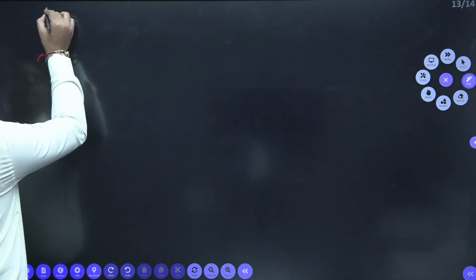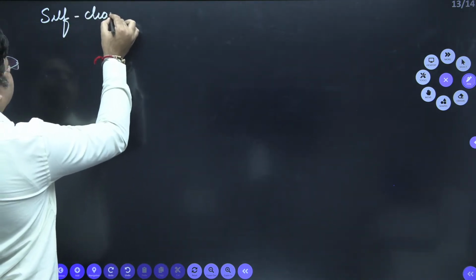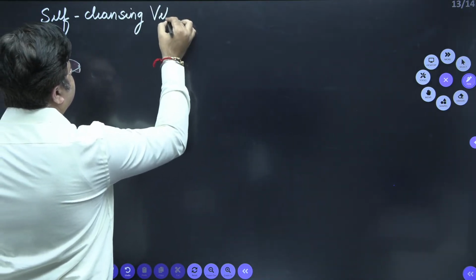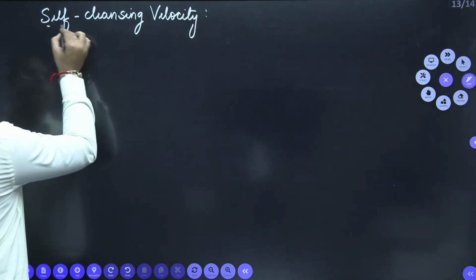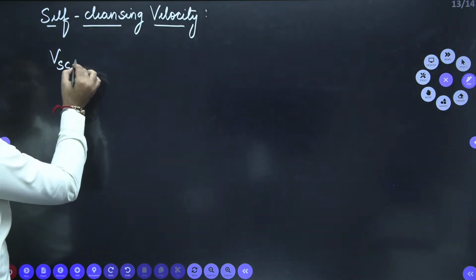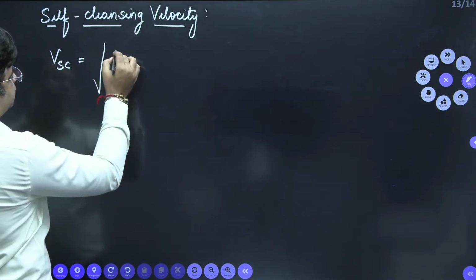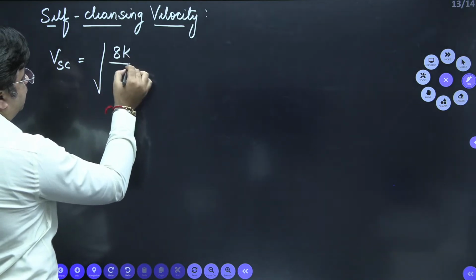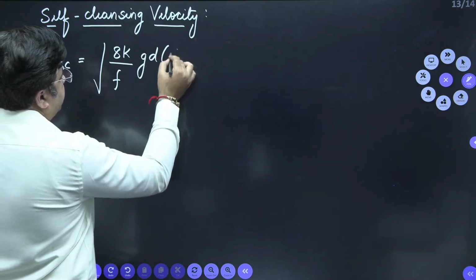So self-cleansing velocity, VSC, is equal to under root 8K by F into G D into G minus 1.